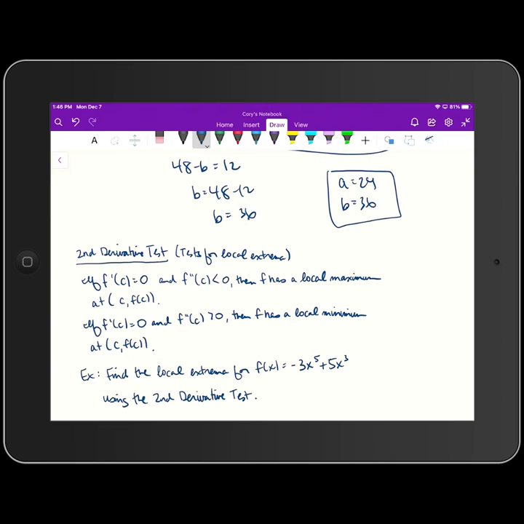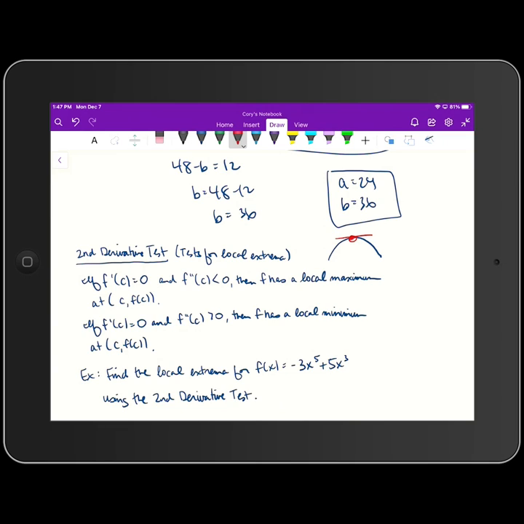The first part says, if f prime of c is equal to 0 and f double prime of c is less than 0, what is that saying? That is saying if f prime of c is equal to 0, you have a horizontal tangent on a graph that is concave down. That's f double prime of c being less than 0. So if you have a horizontal tangent on a graph that is concave down, then at that point you have a local maximum.